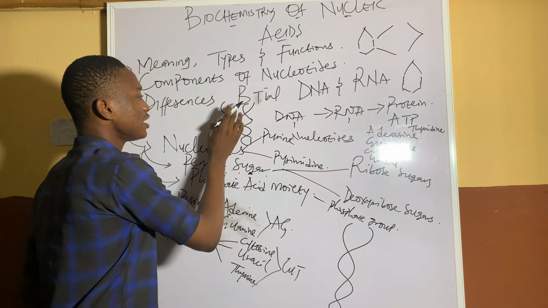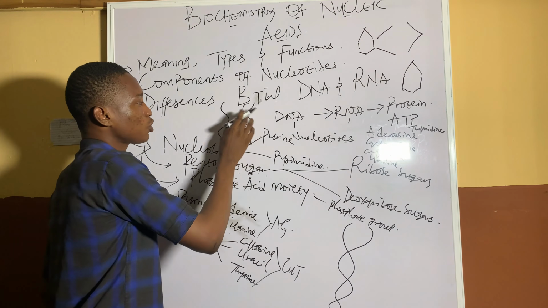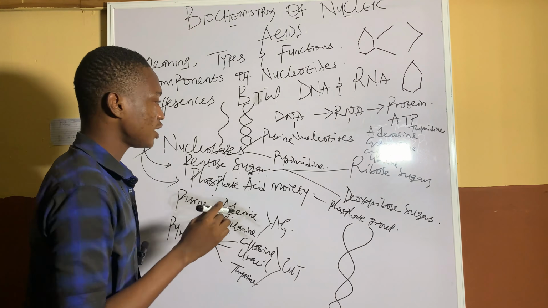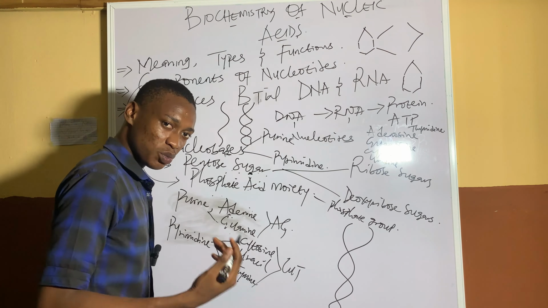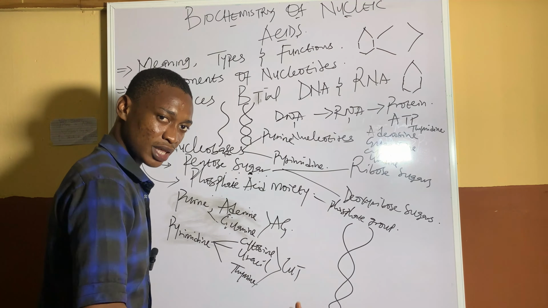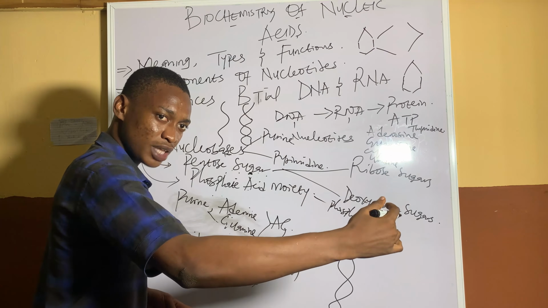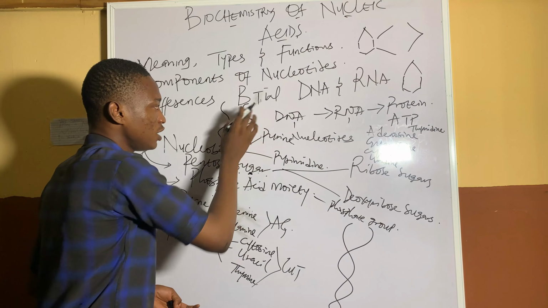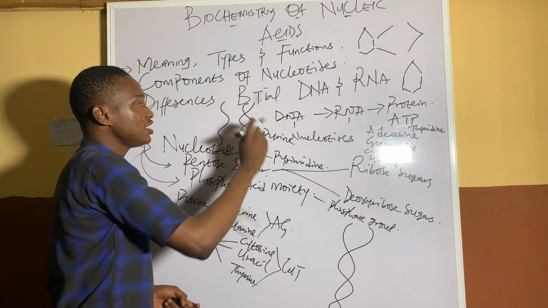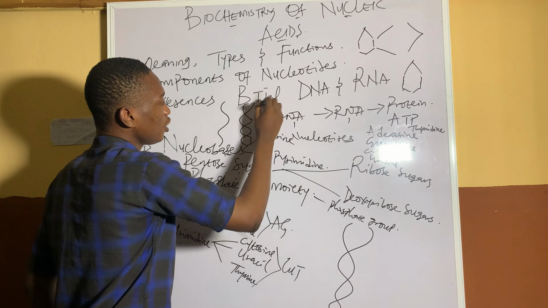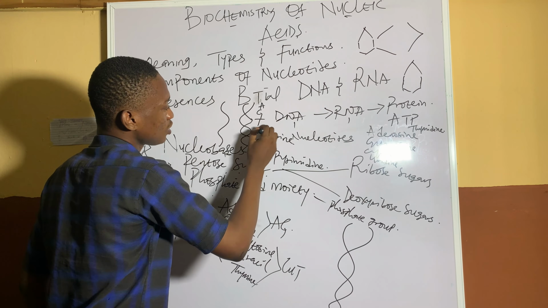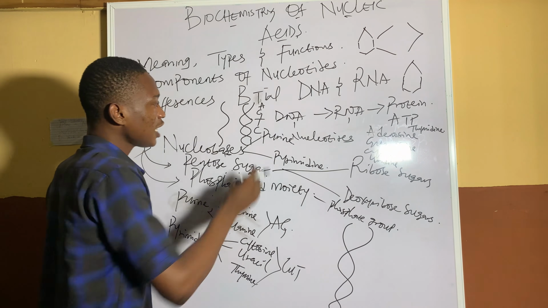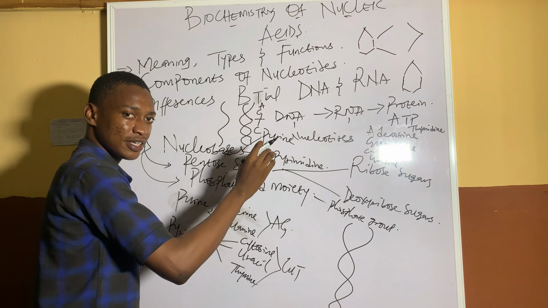Now, the difference that exists between this, apart from this one being double-stranded and this one being single-stranded, is the bases that are formed. Remember these are nucleic acids, and nucleic acids are polynucleotides. That means nucleotides combine in varying amounts to form this. Bases that are found in DNA include A, G, T, C. These are the 4 bases found in DNA.